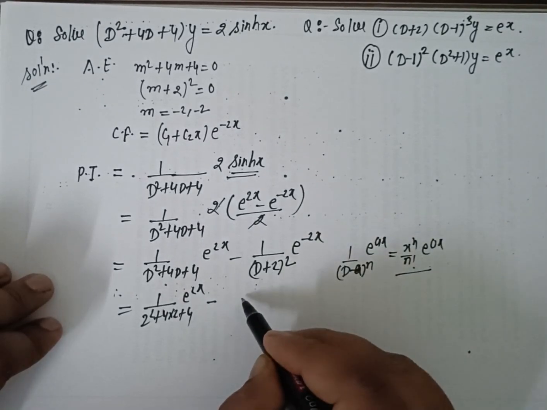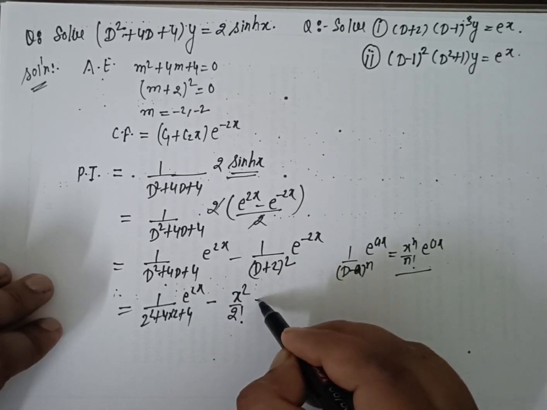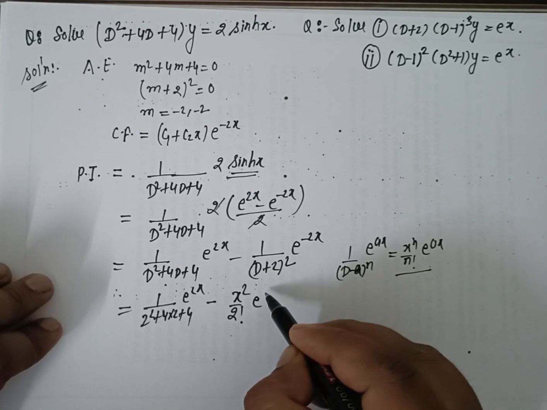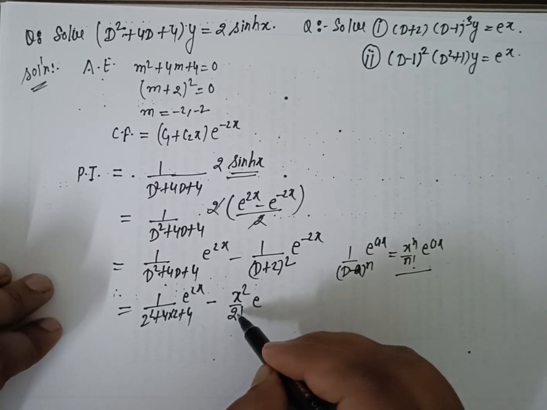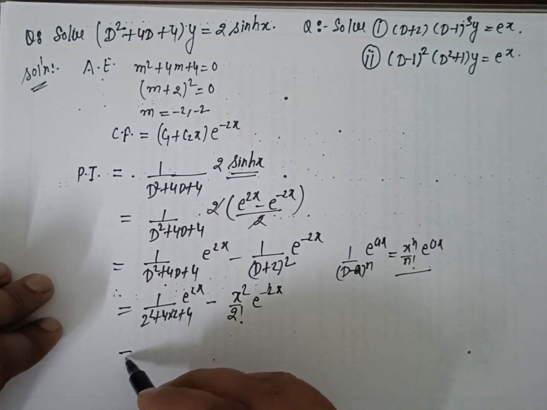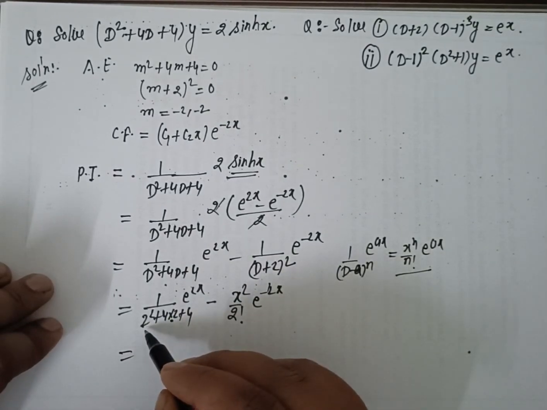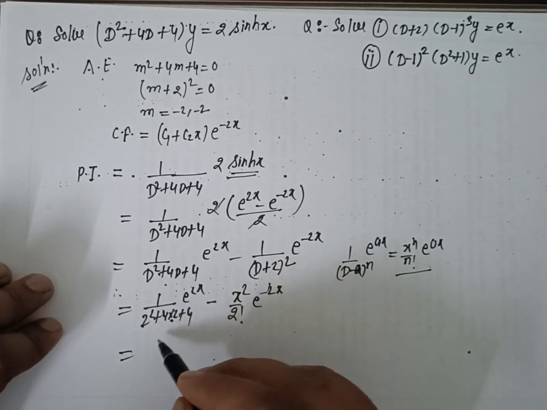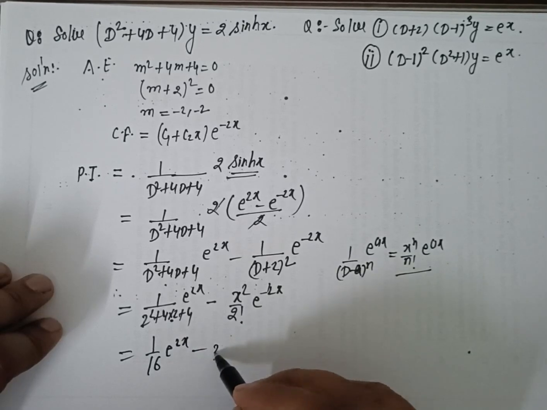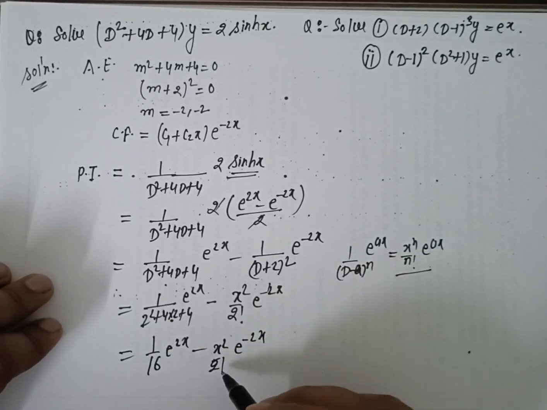So x square upon 2 factorial e to the power minus 2x. And 4 plus 4 plus 8 is 16. So 1 upon 16 e to the power 2x minus x square by 2 e to the power minus 2x.